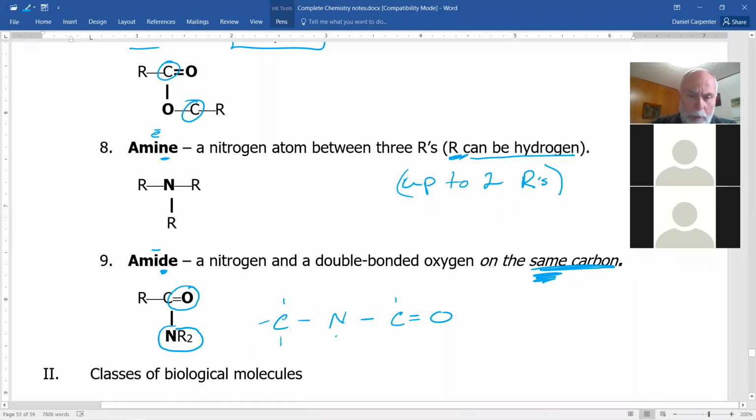I either have to put a blank line to show it's a hydrogen, or I actually have to write the hydrogen. Does that answer your question? Yep. All right.